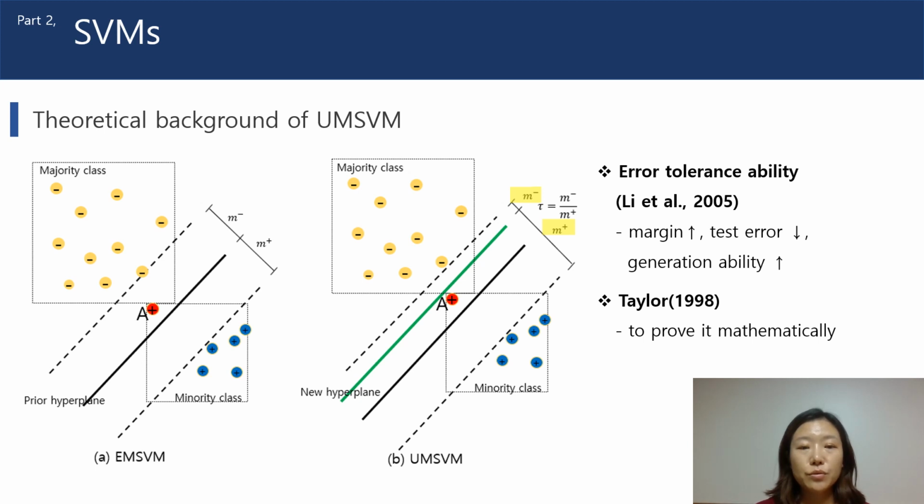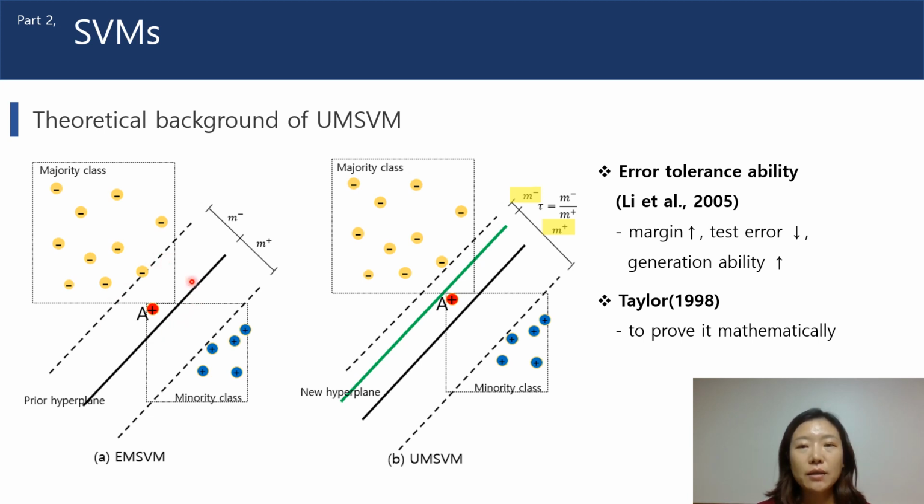This figure shows the classification results of two models. Here, observations of the majority class are shown as minus, and observations of the minority class are shown as plus. The solid line indicates the hyperplane, and the dotted lines indicate the support lines of the majority class and minority class. In figure A, the margins of the two classes look the same.